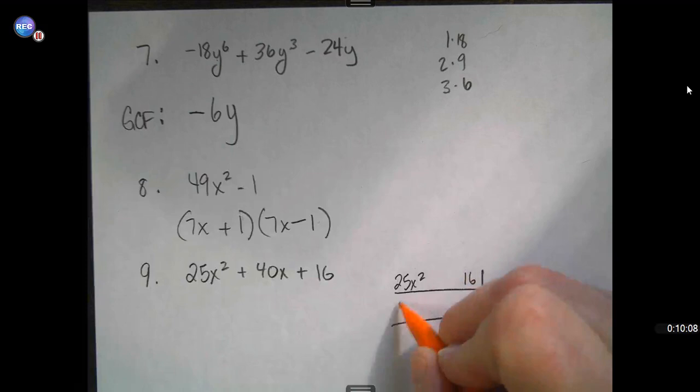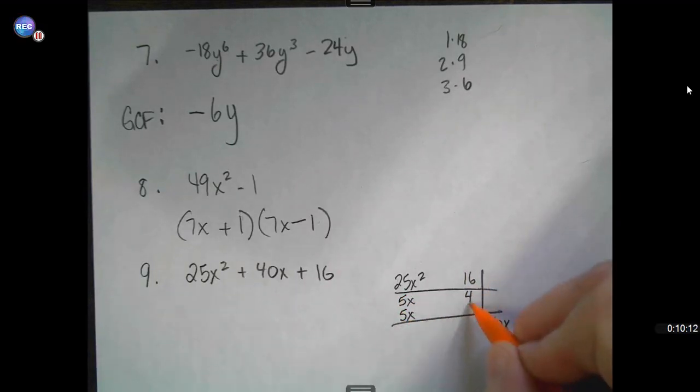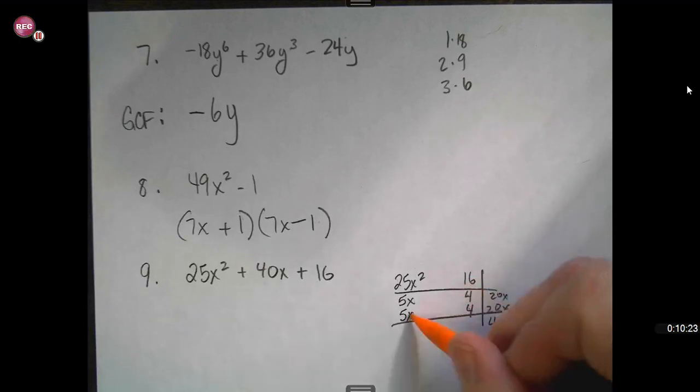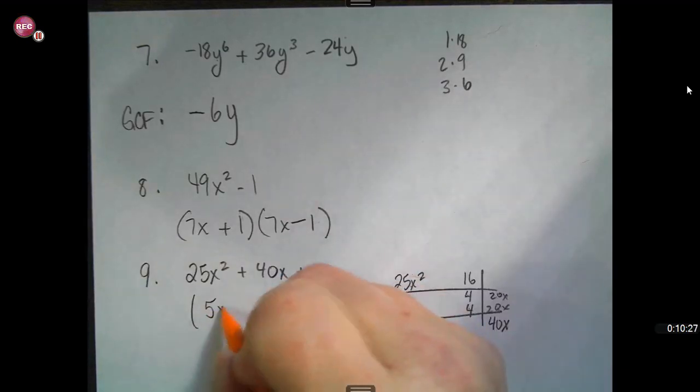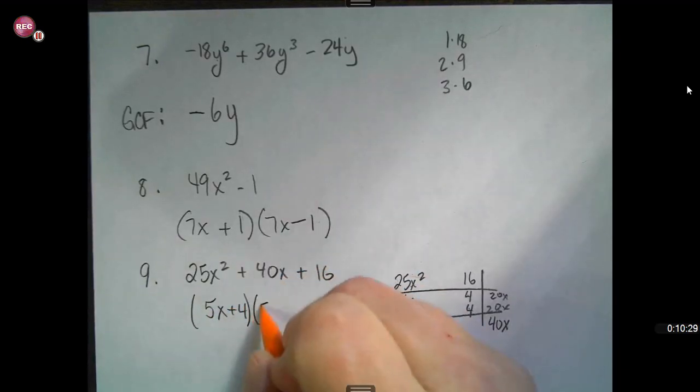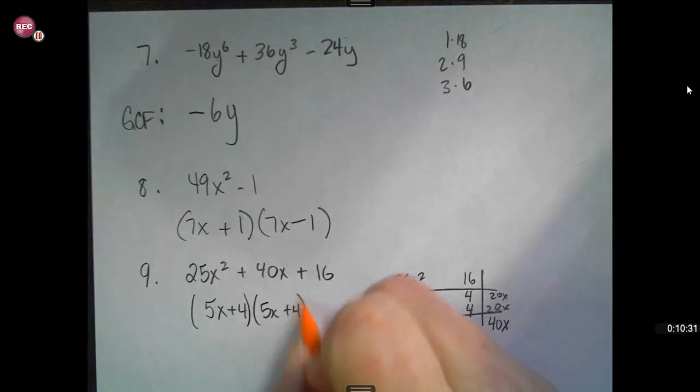It looks like it's a perfect square trinomial, so I'm going to do 5x and 5x, and I'm going to do 4 and 4. I multiply across, I get 20x and 20x, and everything checks out. 20x and 20x, that's that, and that's that. So it looks like 5x plus 4 times the quantity 5x plus 4.